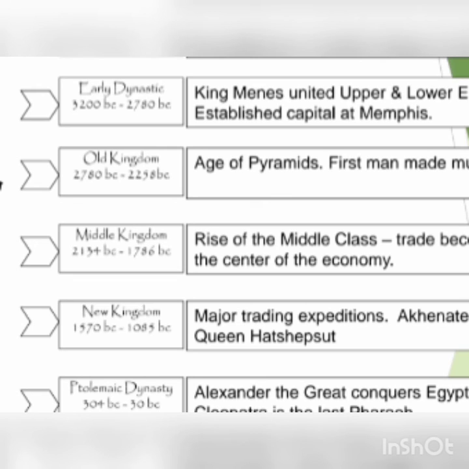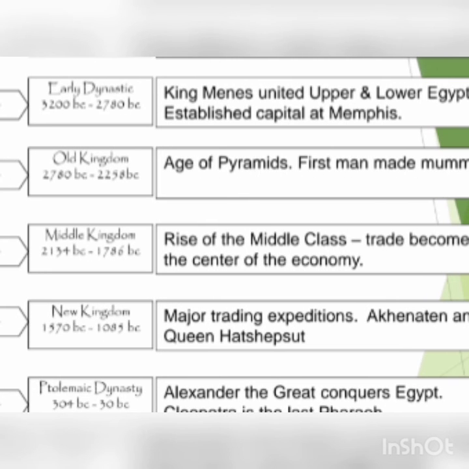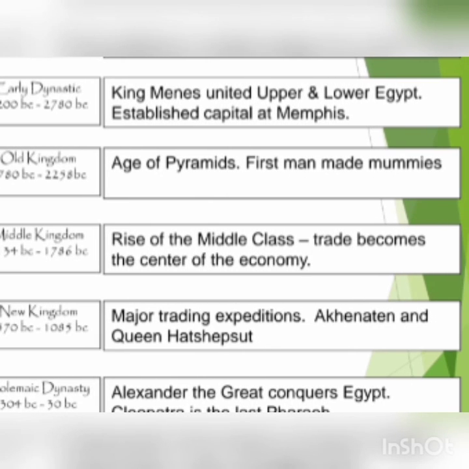And the Ptolemaic dynasty, later on, during the time of Cleopatra, is called the Ptolemaic dynasty. That is 304 BC to 30 BC. Alexander the Great conquered Egypt. Cleopatra is the last pharaoh. After Cleopatra, there was no pharaoh system.